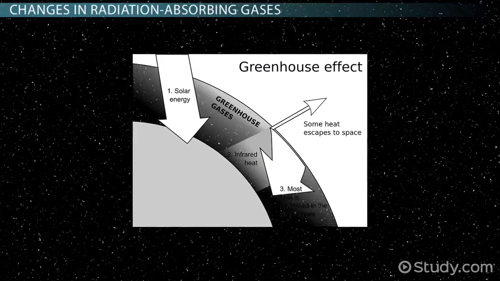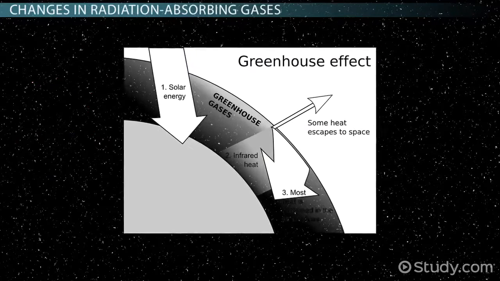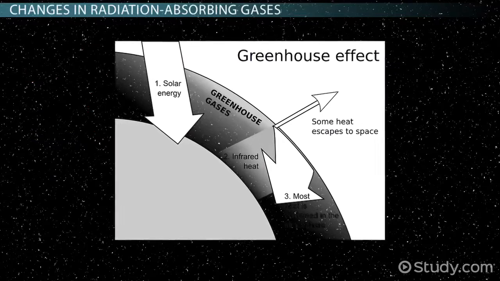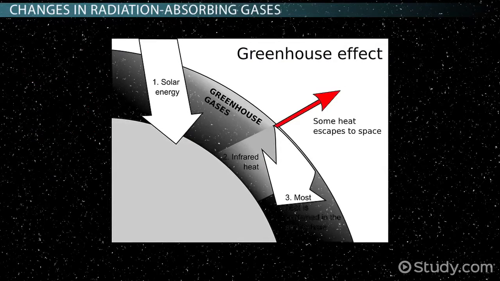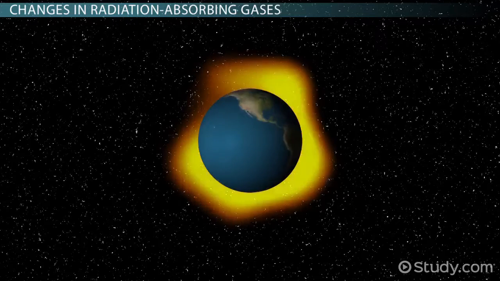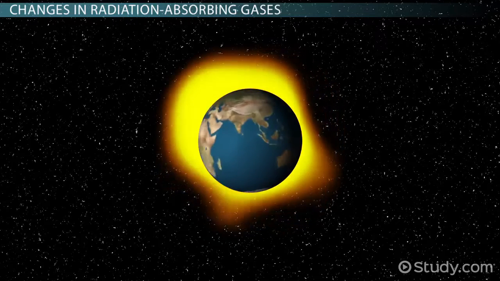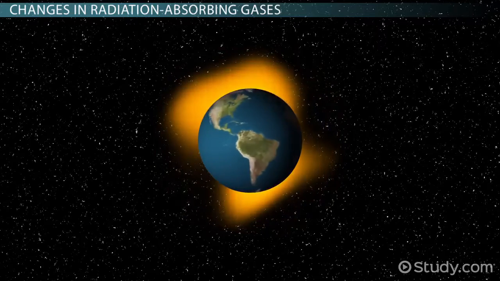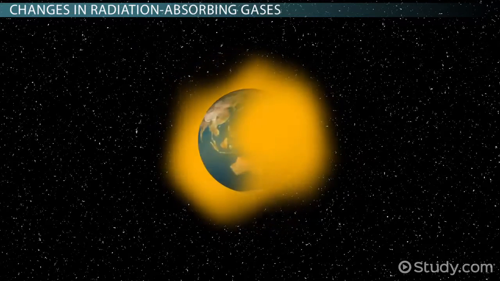Certain gases in our atmosphere allow the radiation from the sun to pass straight through to Earth's surface. Some of this radiation is then bounced back off the planet. However, this time, since the Earth is nowhere near as warm as the sun, the radiation is less intense with a longer wavelength.